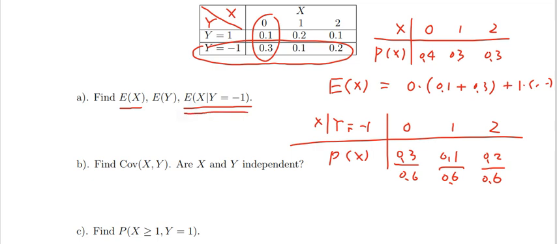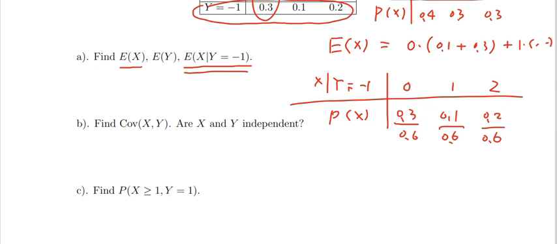Then for this distribution, we just find the expectation, right? So it is 0 multiplied by this probability, 1 multiplied by this probability, and so on. After we find this, we can answer the question of whether they are independent. Independent or dependent, we judge by their covariance.